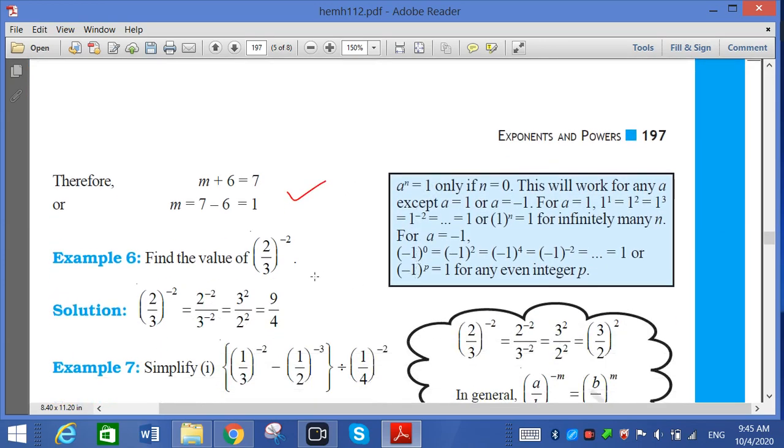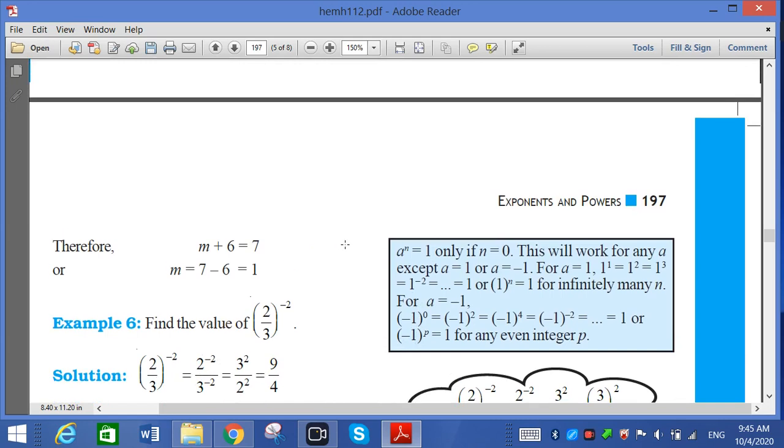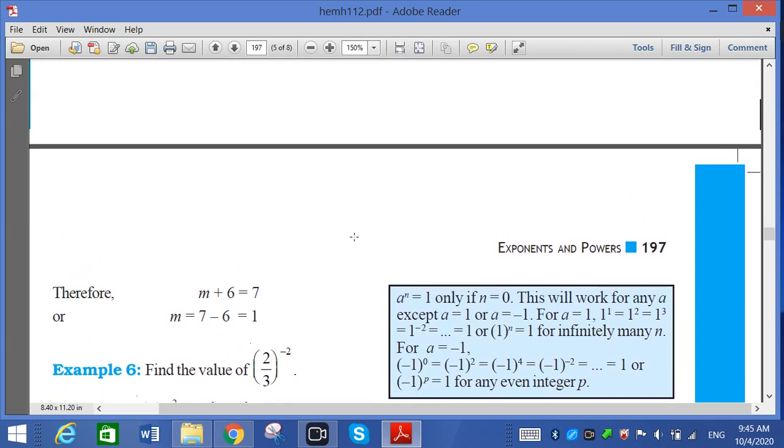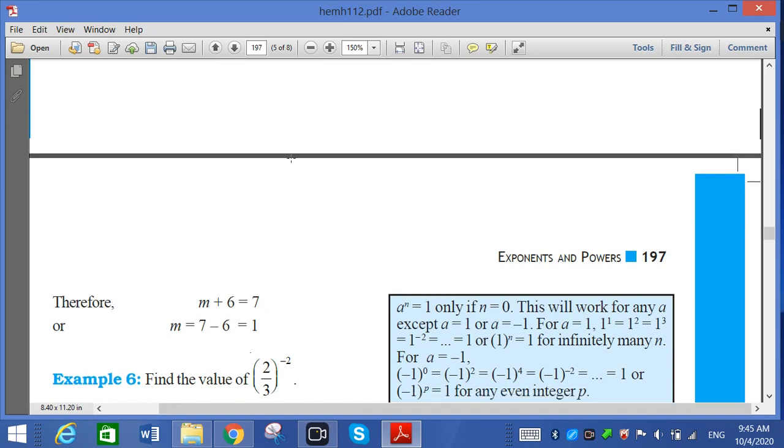Now find the value of, again one type of important sum is there, that is example number 6. 2 upon 3 the power minus 2. Most important is, when numerator and denominator are there and a negative power is there, I have to reverse it.